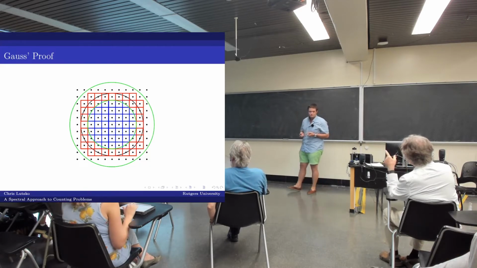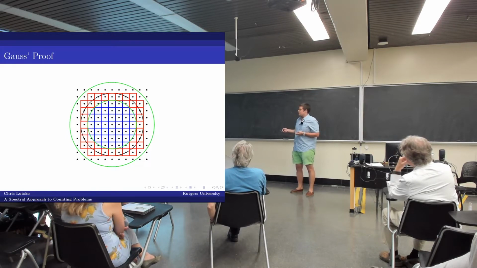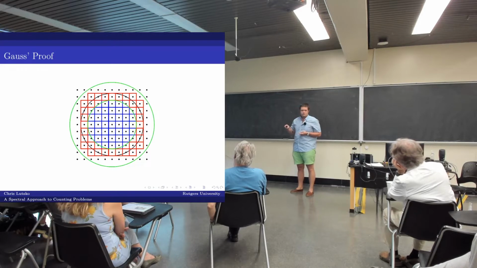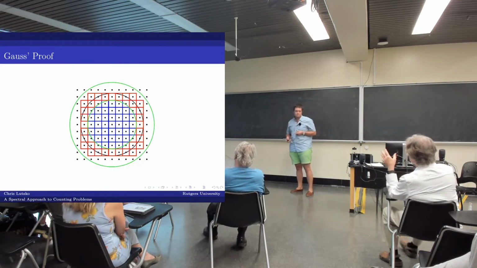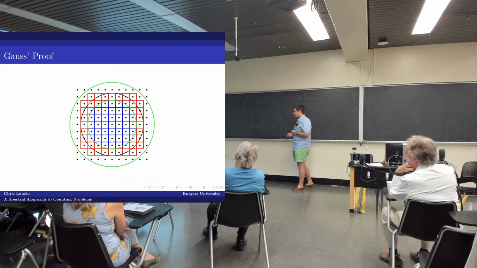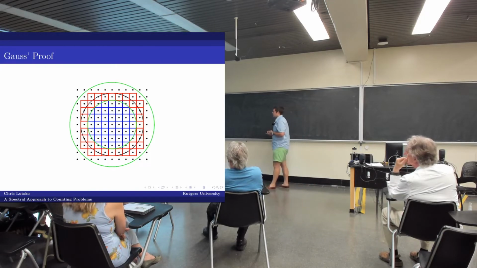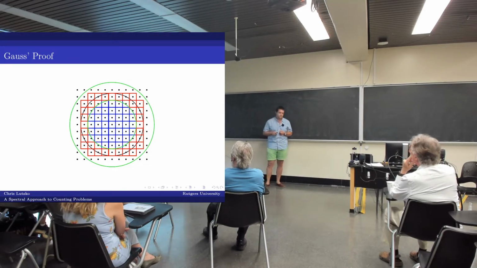Big O means less than or equal to a constant times the radius. The constant comes from the 2 pi r, but then there's also a factor of 1 over root 2 that comes from the diagonal of the boxes. You know the constant, so you can actually get an explicit bound. And he conjectured that the true error term should be about the square root of r.